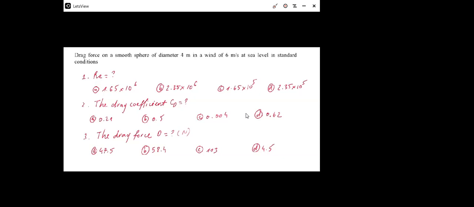(1.225 kilogram per meter cube). It's standard condition. The density is at standard condition, and for standard condition you can use the density in the table in the course note. Let me see.